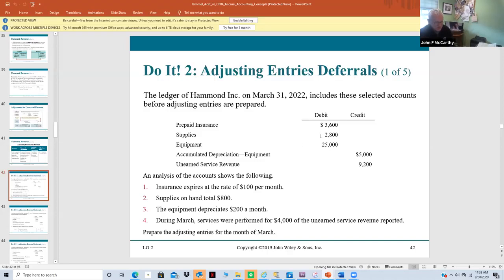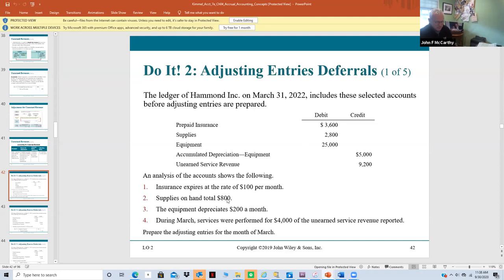So these are just our original entries, where we paid for prepaid insurance, bought supplies, bought equipment. It must have been that in the prior period we took some amount of accumulated depreciation, which would have arisen via an adjusting entry, but just in the prior period. And then we had unearned service revenue, where we receive cash in advance of performing the services.